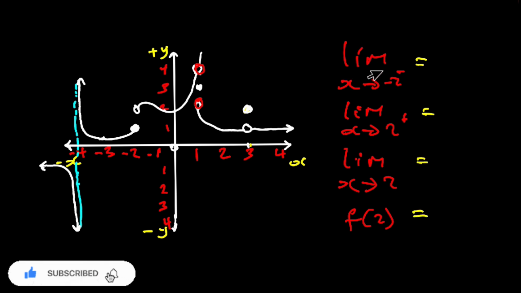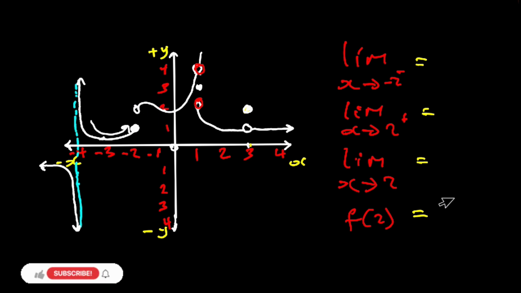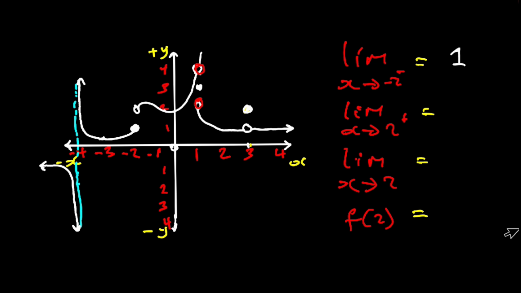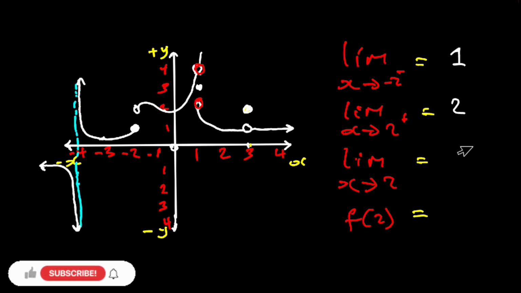So the limit as x approaches -2 from the left, we're going to follow this curve, and then the answer here is equal to 1. Then when it approaches 2 from the right, we follow this curve, and then the answer is 2. So here we have that 2 is the answer.